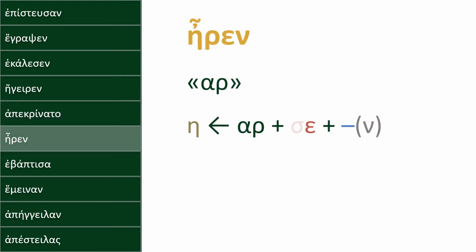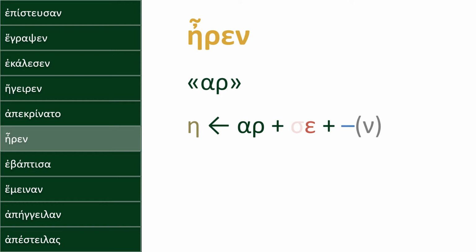Eiren, aorist active indicative 3 singular from airo, meaning he, she, or it lifted up. The root is actually ar. The present tense stem adds an iota to get airo, but the real root is ar, which also doubles as the tense stem for the first aorist. The form begins with a vocalic augment. Alpha has lengthened to eta.